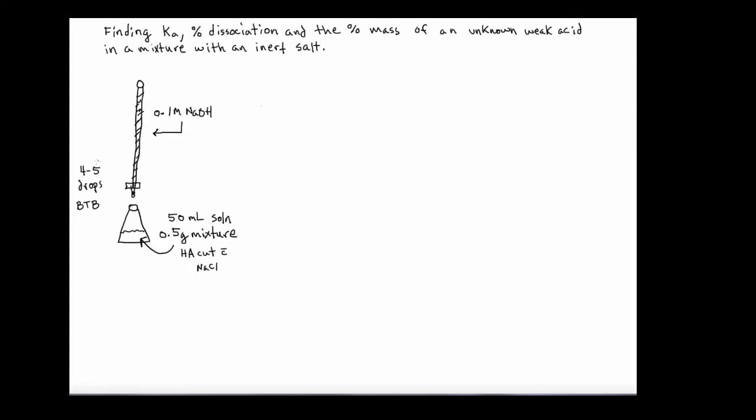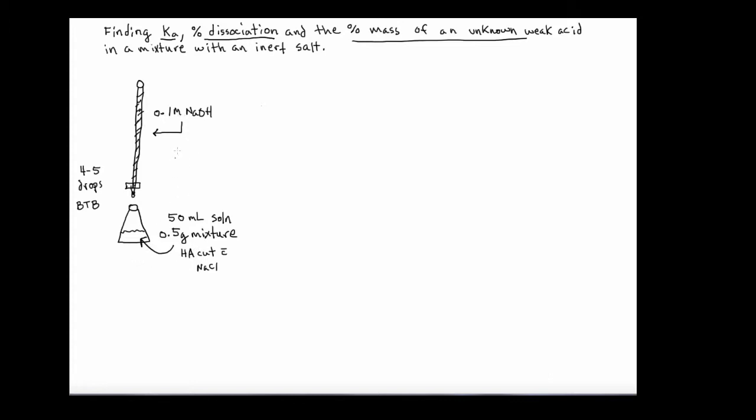In either case, in terms of the overall concept of a problem like this, it really doesn't matter what you're using here. The professor or the teacher is simply interested in determining whether or not you can utilize the following lab techniques to find the equilibrium constant, the percent dissociation of the acid, and finally the percent mass of the unknown acid in this solid mixture, where the acid has been combined with the inert salt.